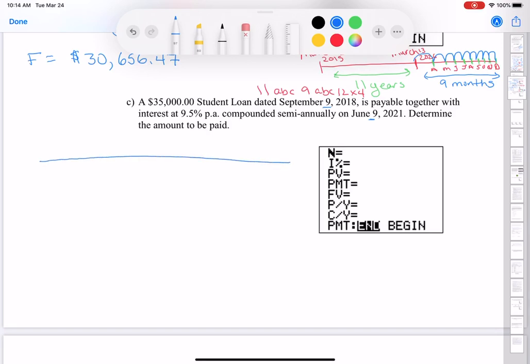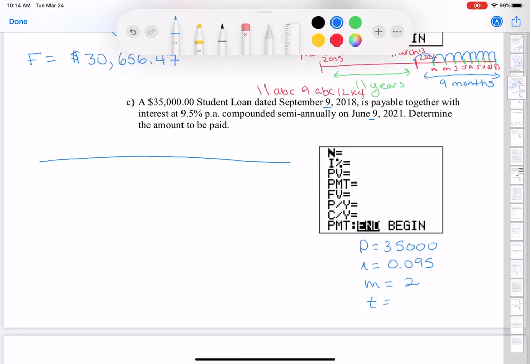All right, so as before, time is our biggest issue because we know that the present value is 35,000. We know we're looking for an interest rate of 0.095. We see that we're compounding semi-annually, and time is the piece that causes us a little bit of a challenge.